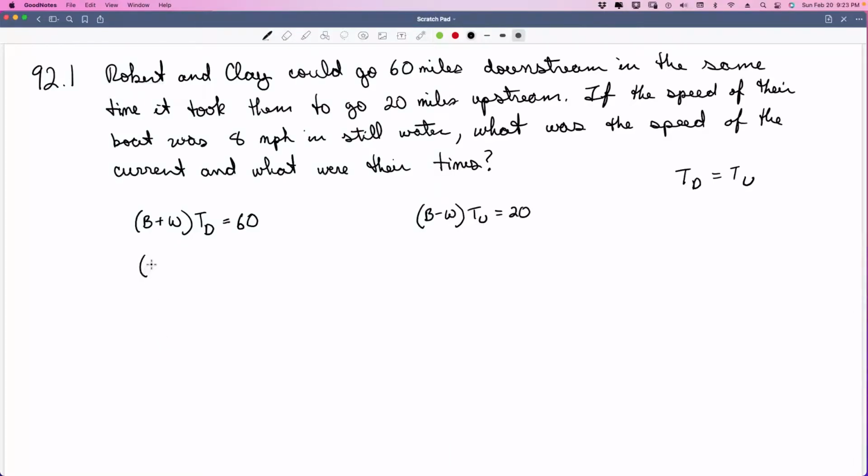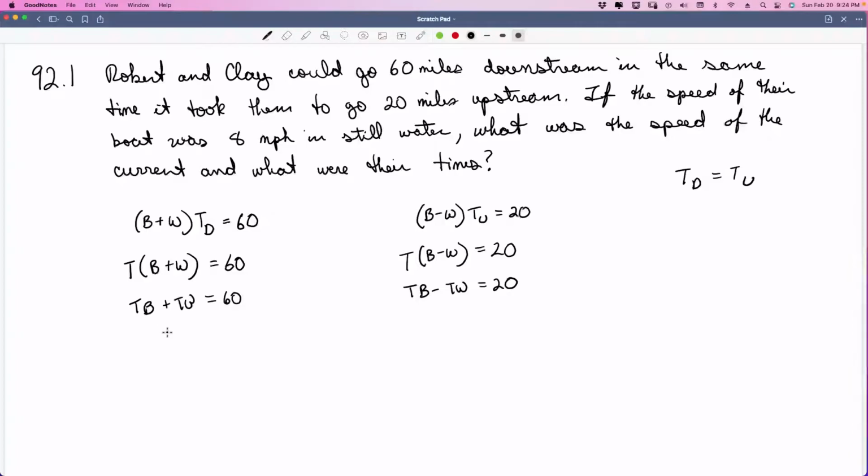So we're going to say B plus W times T is equal to 60, and B minus W times T is equal to 20. I just like to have the one that's being multiplied or distributed in front. It's the commutative property, so it doesn't matter. That gives us TB plus TW is equal to 60, and TB minus TW is equal to 20.